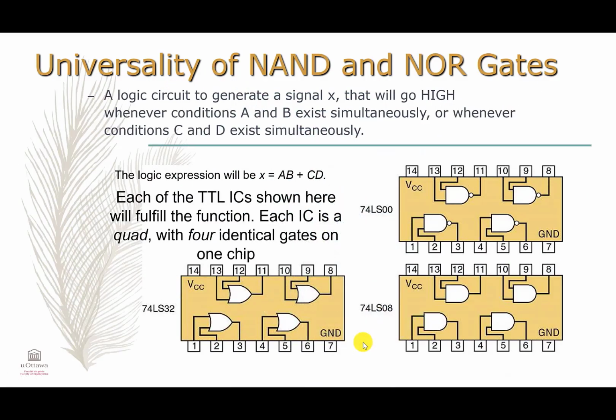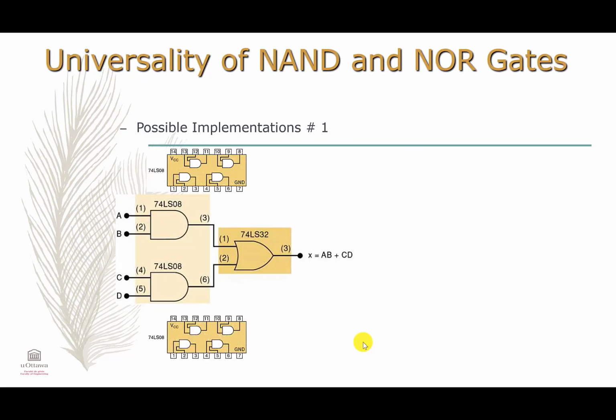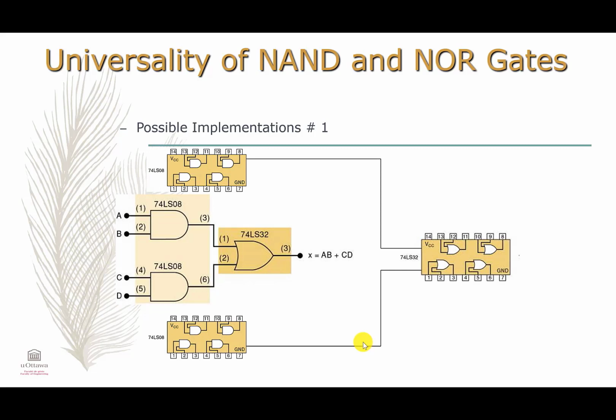So the question is, how can we implement function X based on the available ICs that we have? One possibility is to use the AND IC to implement the minterms AB and CD, and then we OR them.